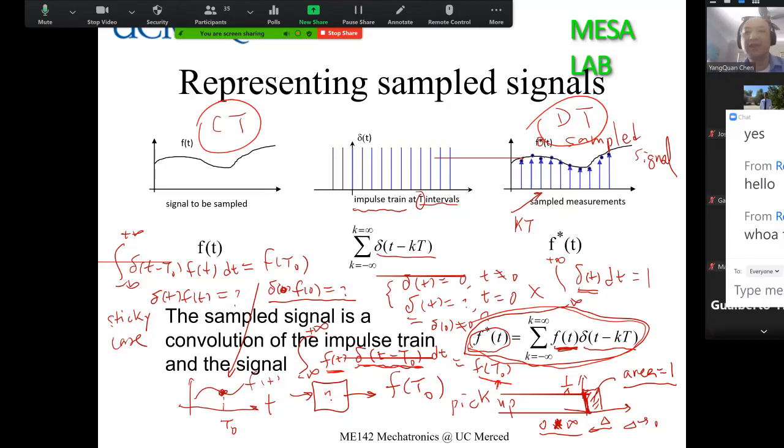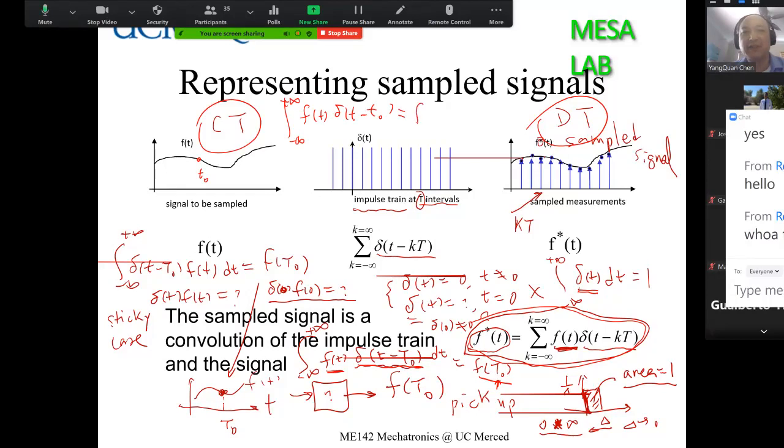In other words, if I want to pick up a point of f of t at t0, mathematically I put f of t and delta of t minus t0 and integrate from minus infinity to positive infinity.